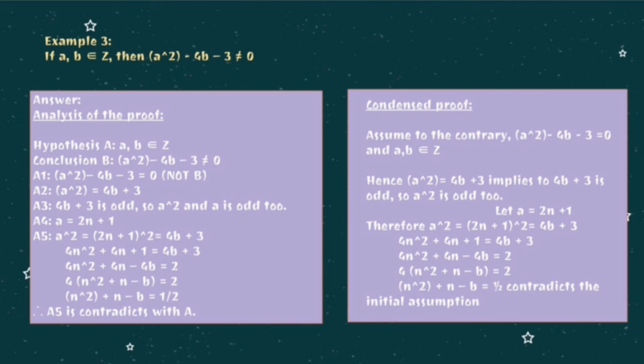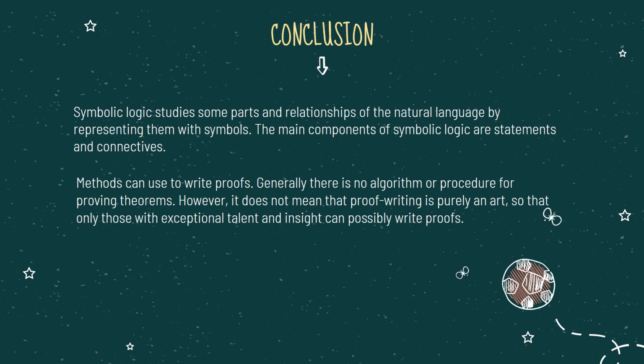So 4n squared plus 4n plus 1 equals 4B plus 3. And 4n squared plus 4n minus 4B equals 2. And then we're going to get 4 in brackets n squared plus n minus B equals 2. And lastly, we're going to get n squared plus n minus B equals 1 over 2. Contradicts the initial assumption.